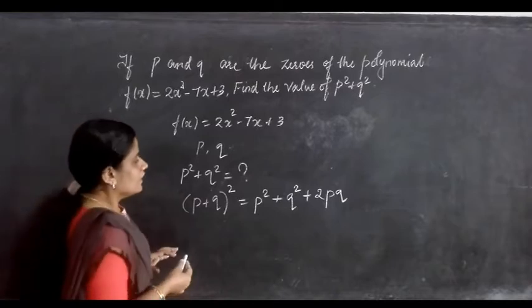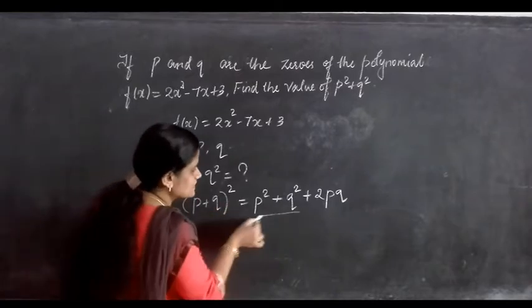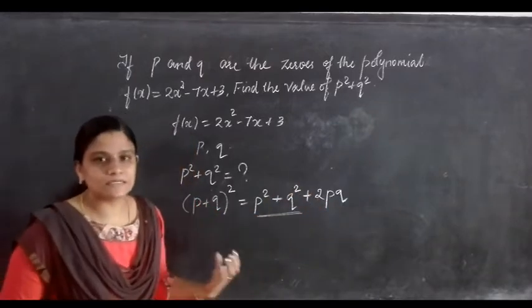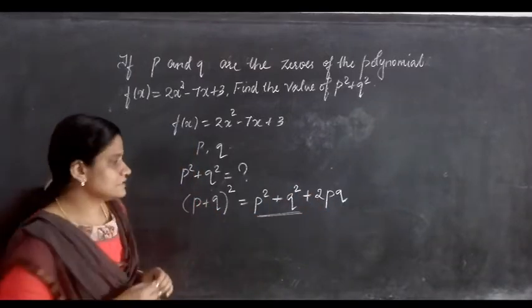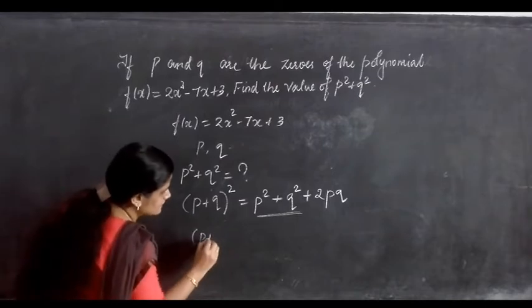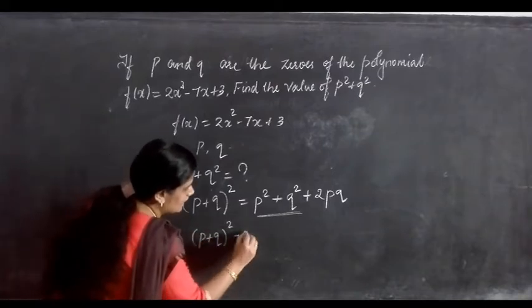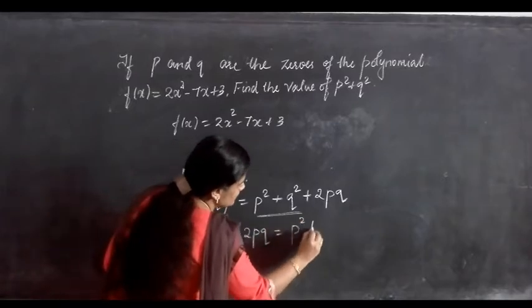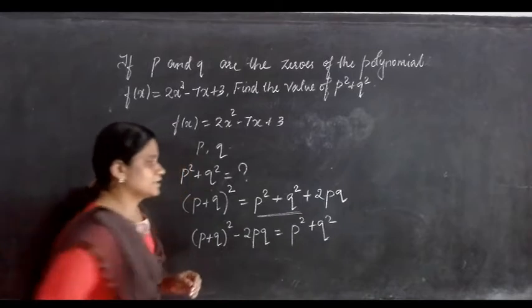Now our question is we have to find p square plus q square, which means can we take this 2pq to the other side? So what you have? p plus q whole square minus 2pq is equal to p square plus q square.